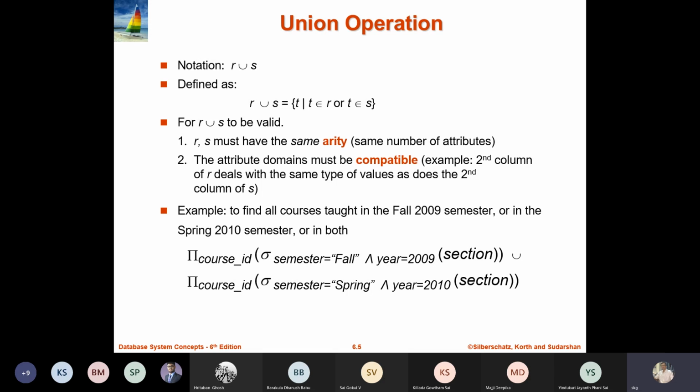For example, to find all courses taught in the fall 2009 semester, or in the spring 2010 semester, or in both. In our case, we want courses in autumn 2021-22, or in spring 2021-22, or taught in both.